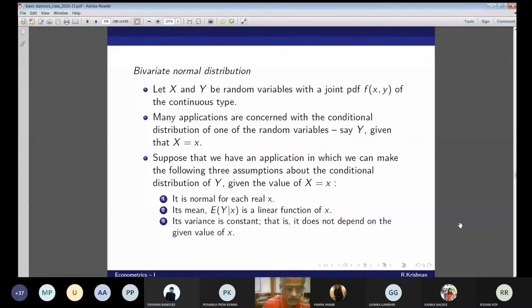What does this mean? One word, all of you have done statistics, econometrics 1: homoscedasticity. Homoscedasticity. I'm going to concentrate on this, because in class I go and write the multivariate normal. Sir, how do we derive this multivariate normal? To the best of my knowledge, multivariate normal is not derived in any book.